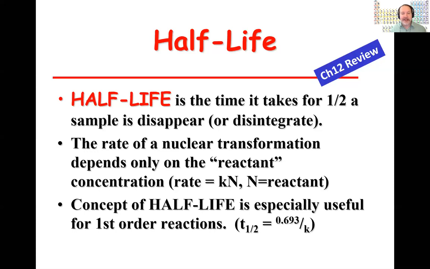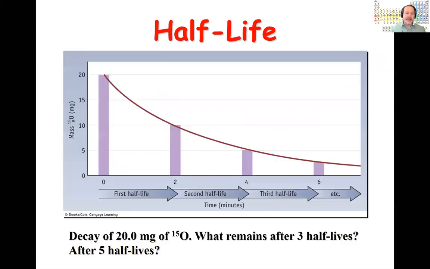So this half-life is very important, and it proceeds in the way that first order reactions do. And what is that? Very constant. Every half-life takes the same amount of time. Here we have an example of oxygen-15, and it looks like its half-life is 2 minutes.